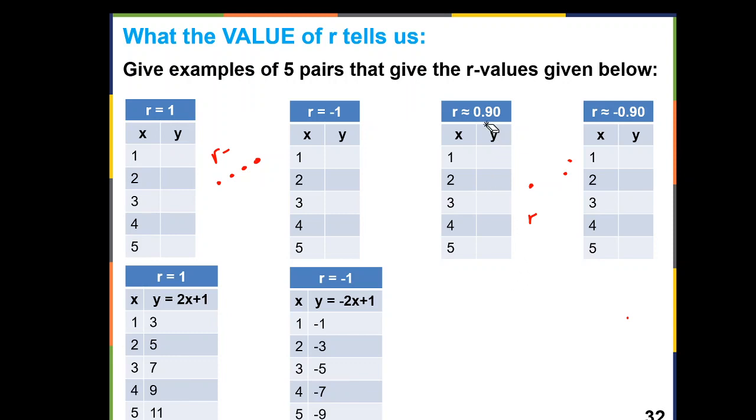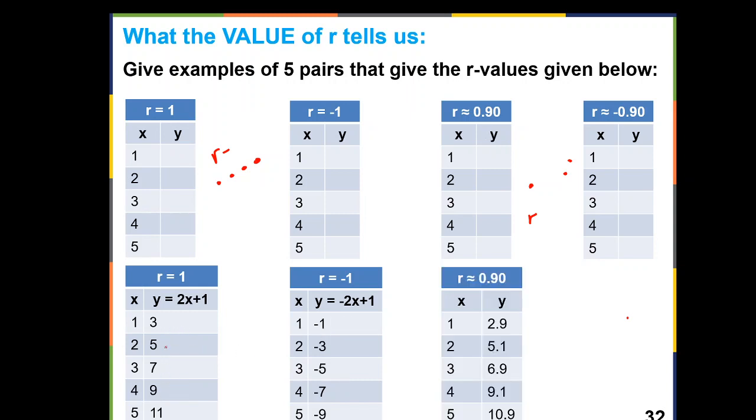And to come up with an R close to 0.9, I just took these and changed them a little bit. I tweaked them. So instead of 3, I put 2.9 and so forth. I went up and down a little bit. And now I have an R that is not 1 for sure, but is something close to 1.